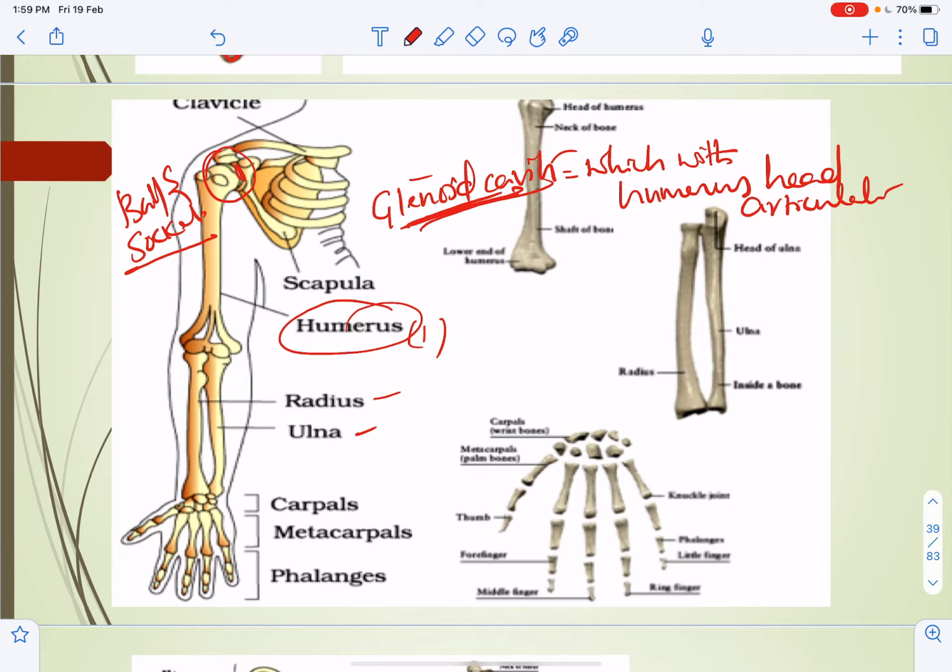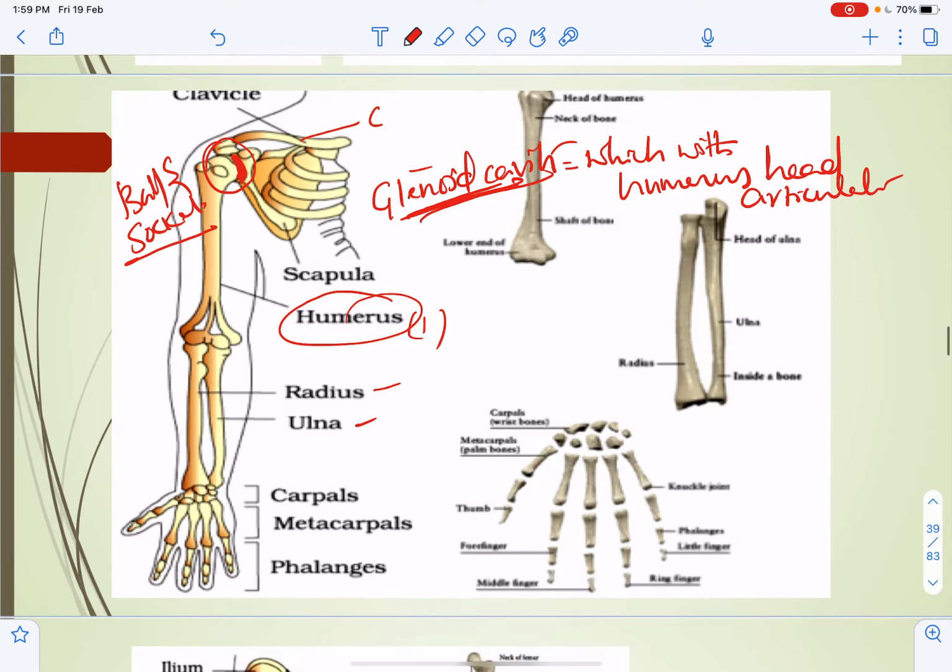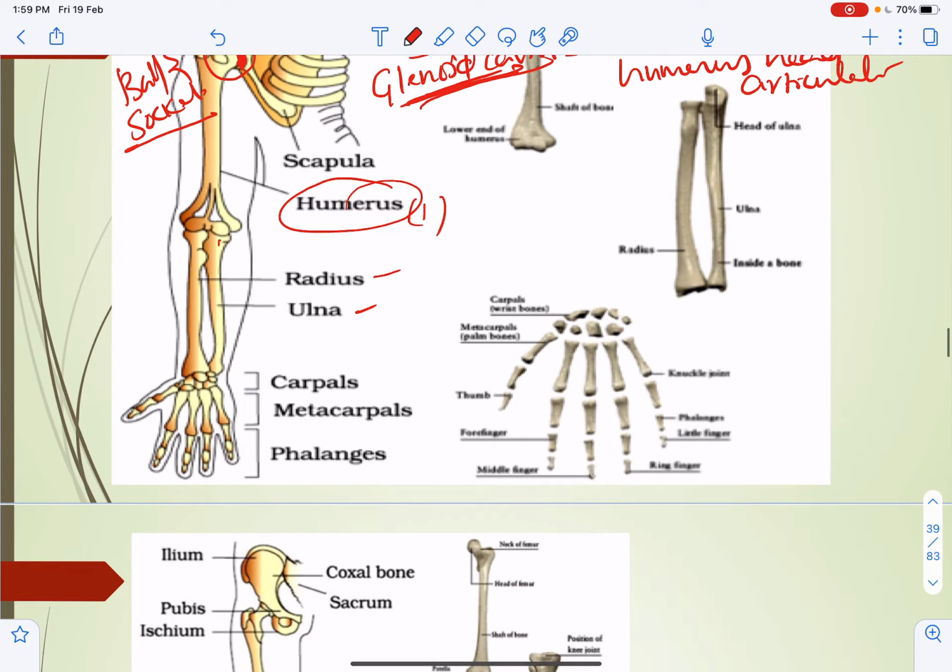This cavity is called the glenoid cavity, and this is the clavicle, also called the collarbone, that helps in articulation.